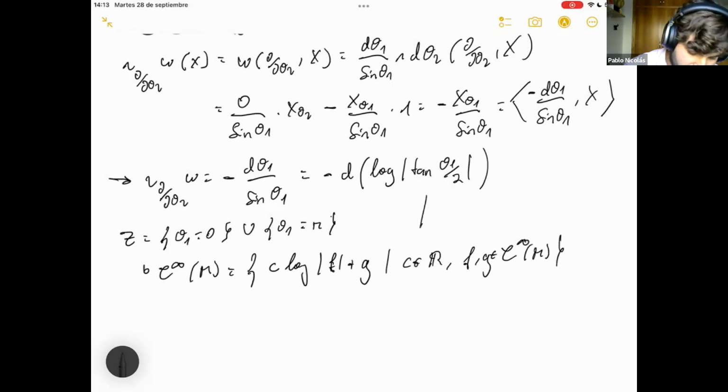So I think this is clearly a b C infinity symplectic function, because we are taking f to be tangent of θ1 halves in the non-zero set, and g to be 0.